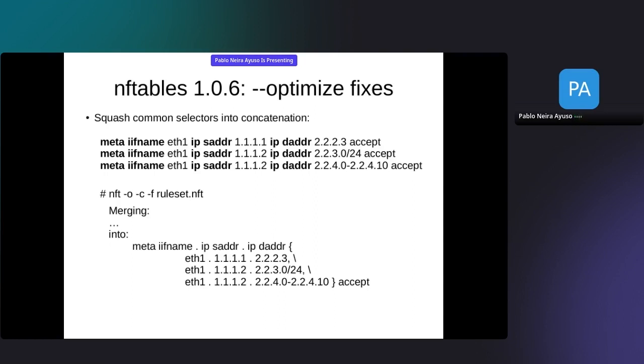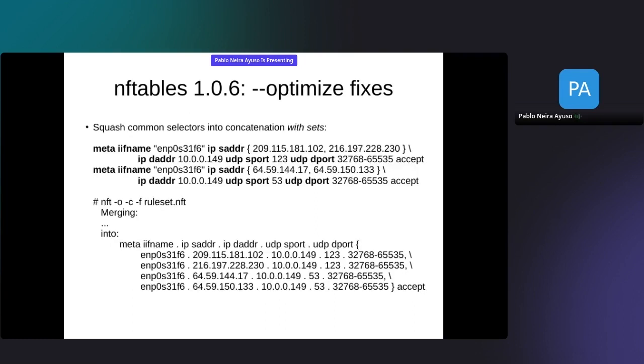It has logarithmic lookup time, as it happens with an RB-tree. And it's so flexible that it allows you to combine all these selectors with different kinds of values such as prefixes and ranges, or even exact matches. So in this case, the kernel is picking Pipapo behind the scenes, so the user is not responsible for this.